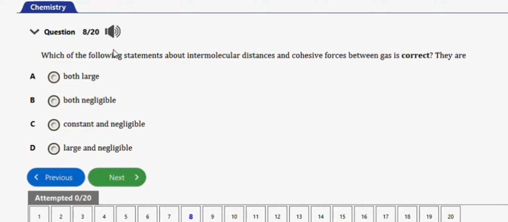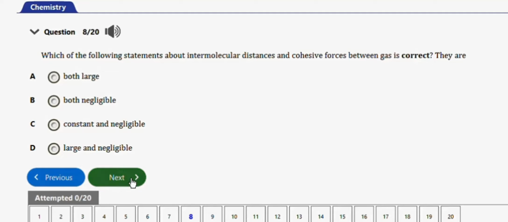It says, which of the following statements about intermolecular distances and cohesive forces between gas is correct? They are both large, both negligible, constant and negligible, large and negligible. So the right option in this question is large and negligible, option D.